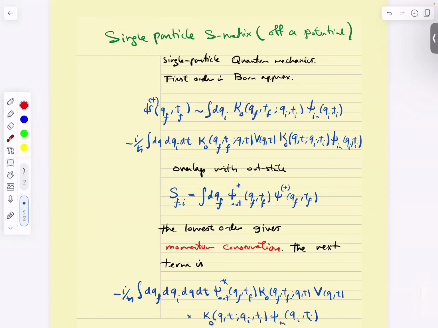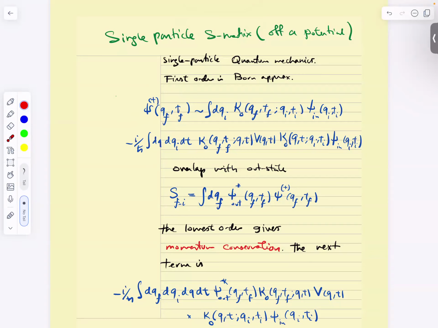What is this? This is the state at some later time, evolved by the propagator. So this is a state at some later time, q_f, t_f.